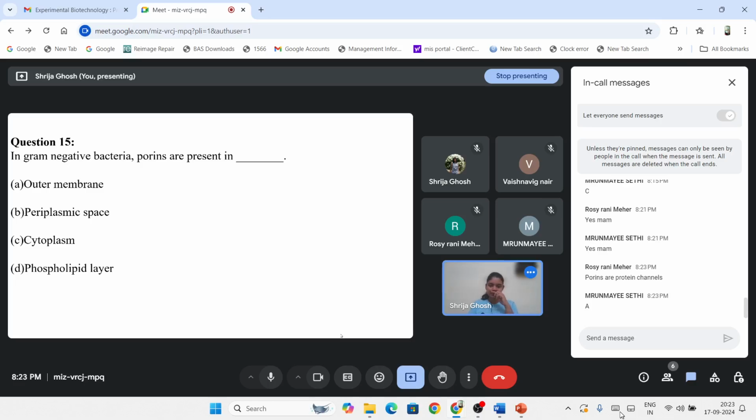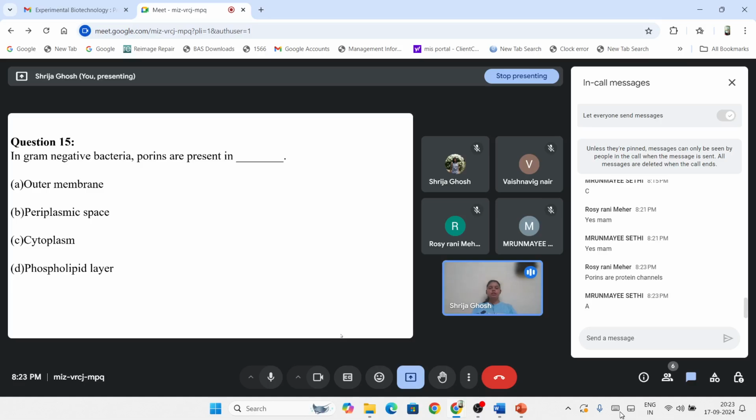Yes, Rosie has answered. So they are channel proteins. They have a pore that can facilitate the entry and exit of certain ions or certain components, certain factors that are needed by the cell. So if the cell needs something that is present outside, these porins form a channel that can facilitate the movement of molecules through the protein.